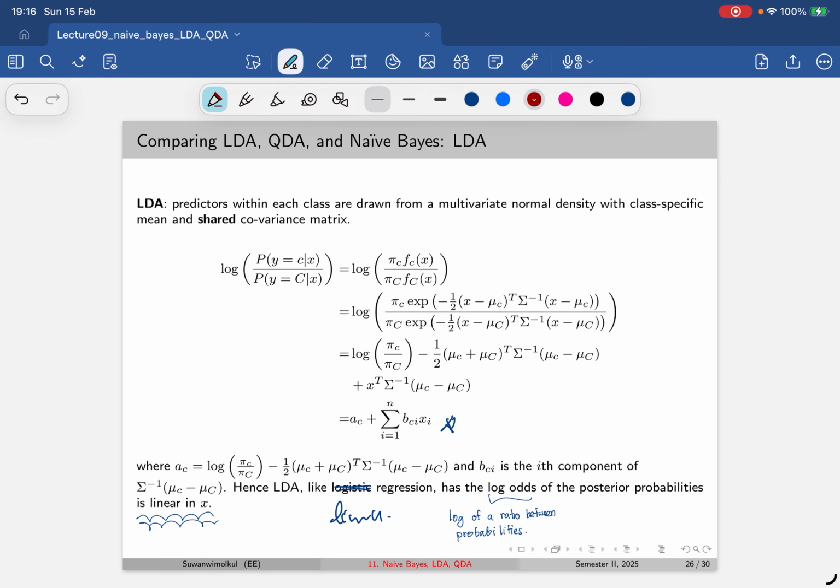For LDA, your decision boundary will end up being a linear line, right? Because you only have one x, so it's a linear line in x. And when you equate that to 0, the x that makes this entire equation equal to 0 is the input feature at which the classifier cannot tell whether it is in class C or class big C, and that tells you where the decision is made.